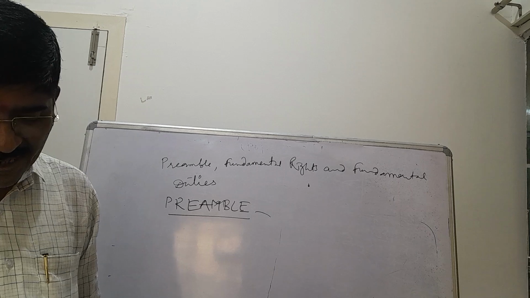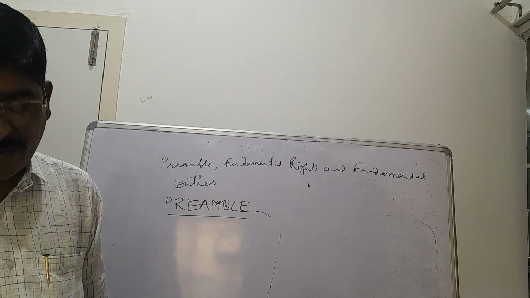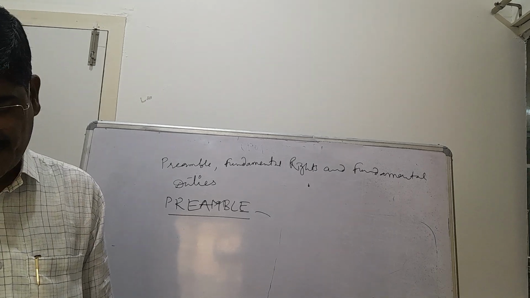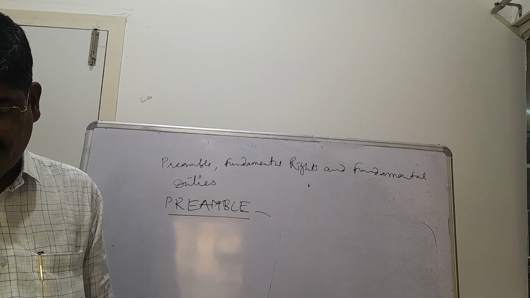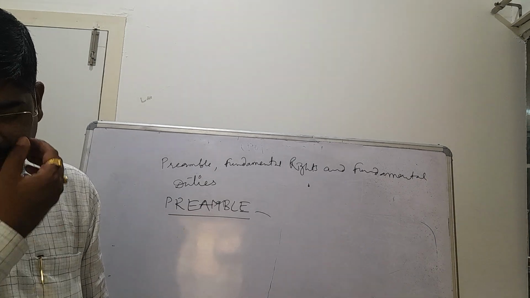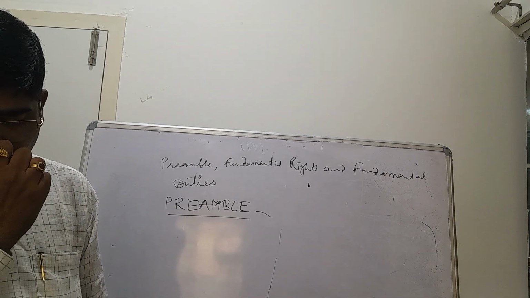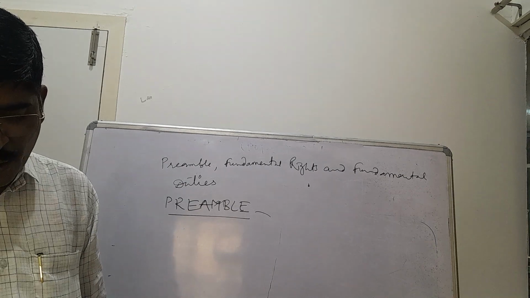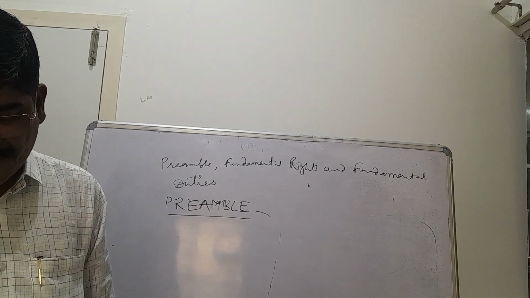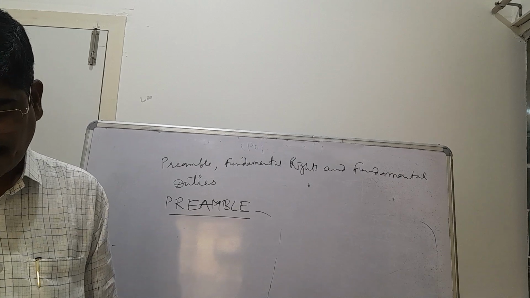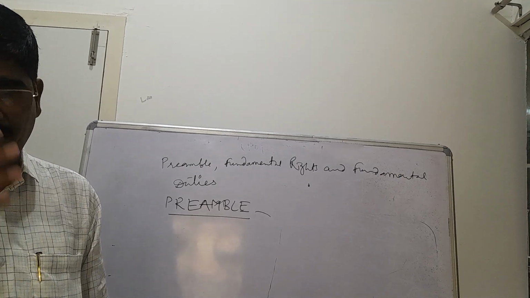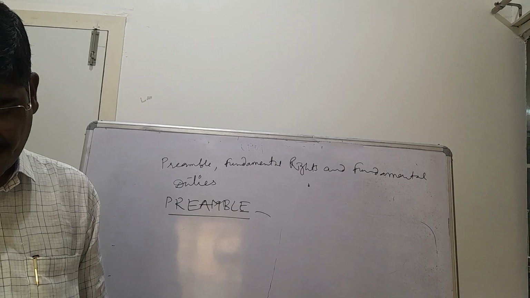Here there are some fundamental rights. We will see 3 to 4 rights. Citizenship at the commencement of the Constitution. At the commencement of the Constitution, every person who has his domicile in the territory of India, and citizenship may be given to whom?